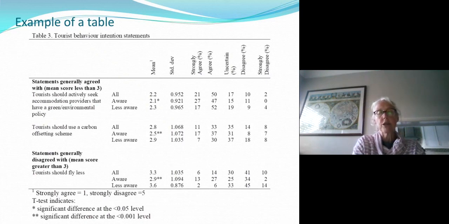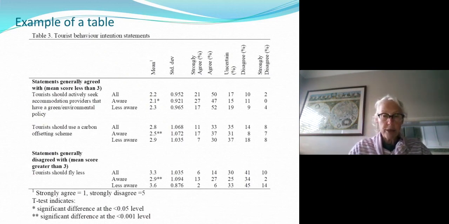So we go down. For each statement, we've got a row related to those groups. And then we report the mean and the standard deviation for everybody, the all, and also for the aware group and the less aware group. Then we also present the percentages in terms of the question answer options. So quite a bit of detail in there. We've got the actual answers to the question overall, and then a comparison of 2 groups.